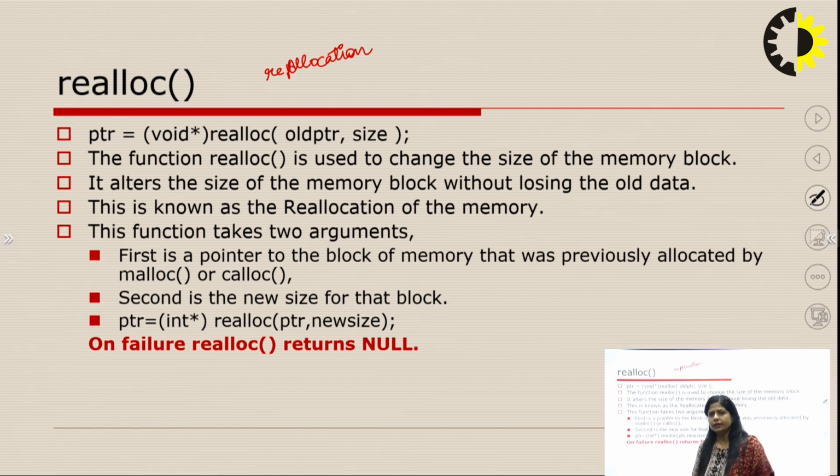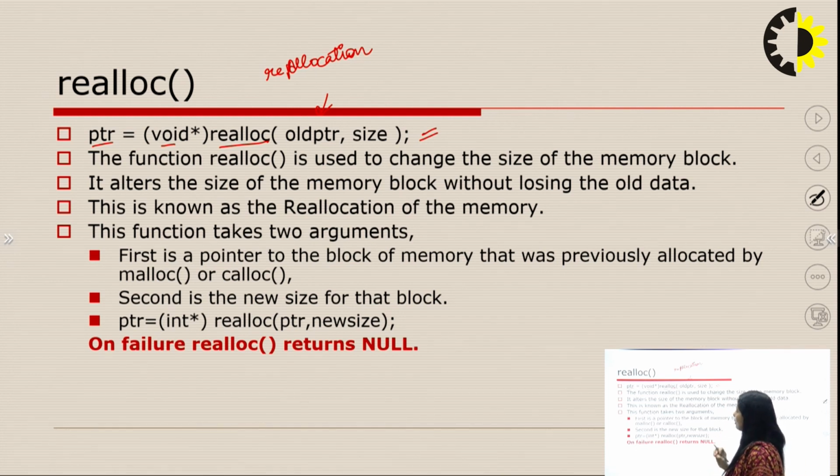Like we have allocated some block of memory earlier and now again we want to reallocate the memory area, then we can use the realloc function. So this is the syntax for the realloc function. How can we use it? Again a pointer variable, then the type, realloc the function, then the old pointer value, comma, size, right? So how is this function performing?